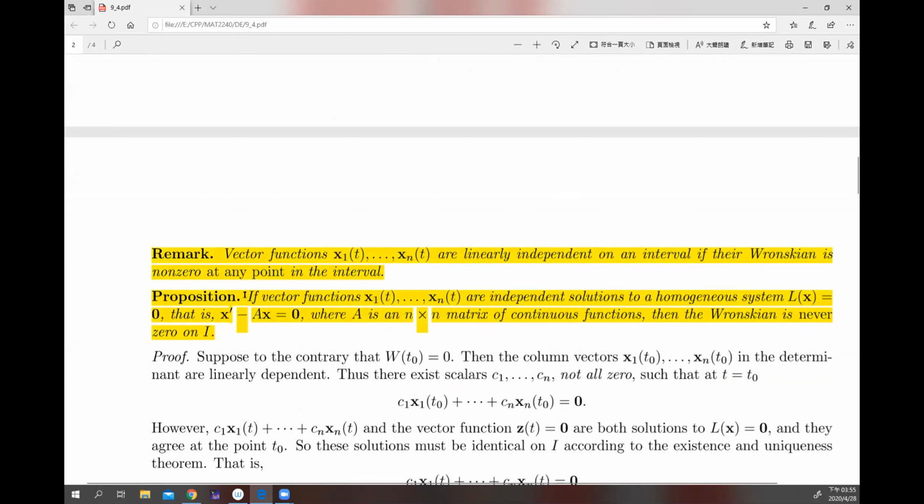So let's look at the proposition. If vector functions x1 to xn are independent solutions to a homogeneous system, Lx equal to 0, that is, x prime minus Ax is equal to 0, that's the homogeneous case because our function f, remember the normal form, f is a 0 vector, then the Wronskian is never 0 on I. So if they are independent, then the Wronskian is never 0.